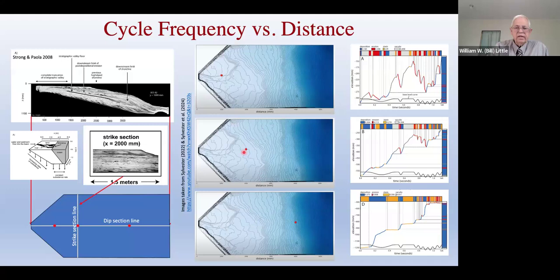You'll notice that each one moving downward is a little bit further out into the basin than the one before. So if you look at this in terms of a cross section, the first dot, second dot, and the third dot, up here is a dip cross section through their final deposit. The one below is a strike section.